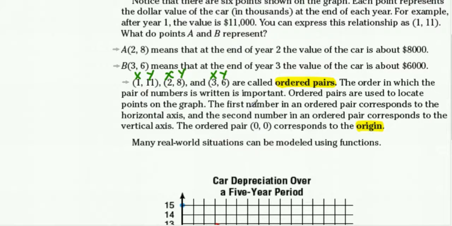The first number in the ordered pair corresponds to the horizontal axis, and the second number corresponds to the vertical axis. As a review, we call the x part of an ordered pair the x-coordinate, and the y part the y-coordinate.